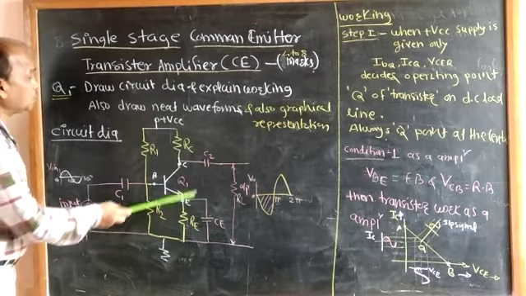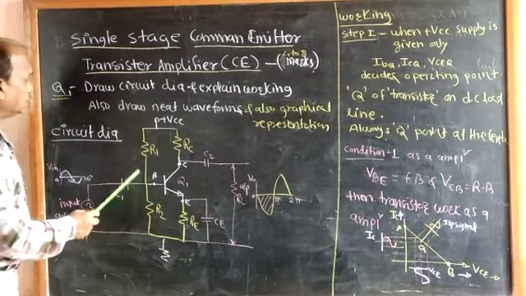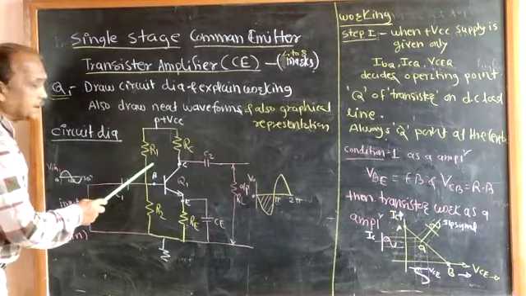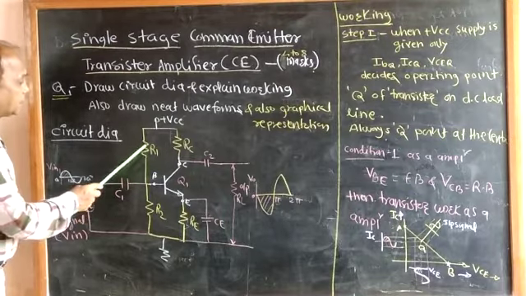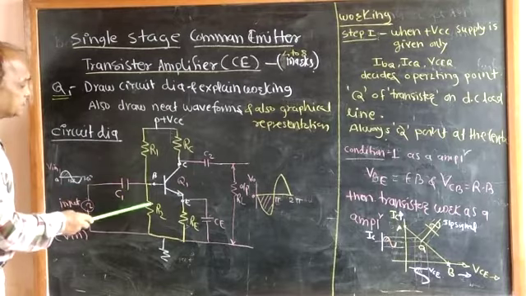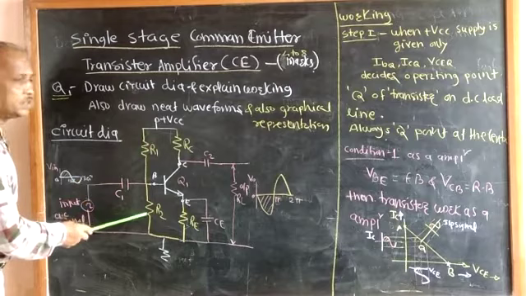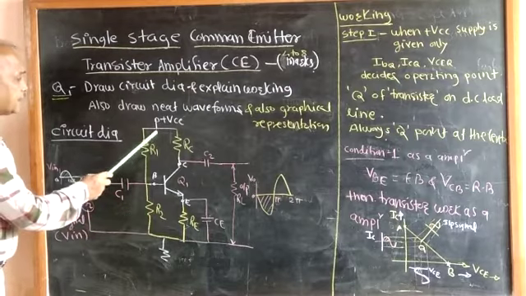Due to this DC supply, the resistors R1 and R2 form a biasing circuit, that is, a voltage divider biasing circuit. Due to these two resistors, current starts flowing.